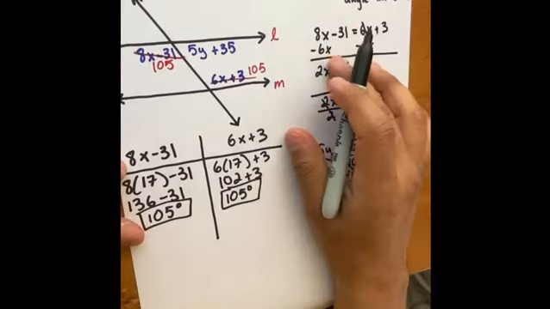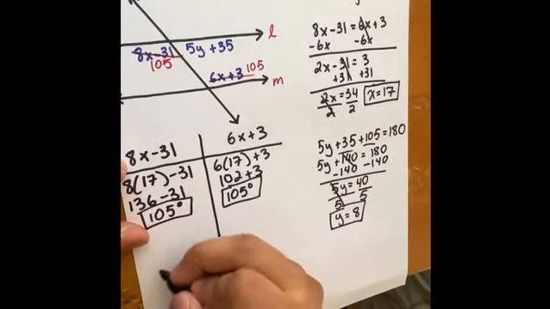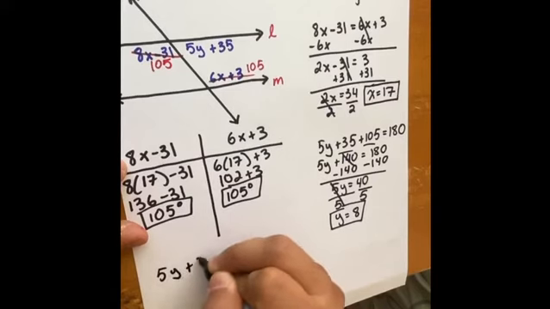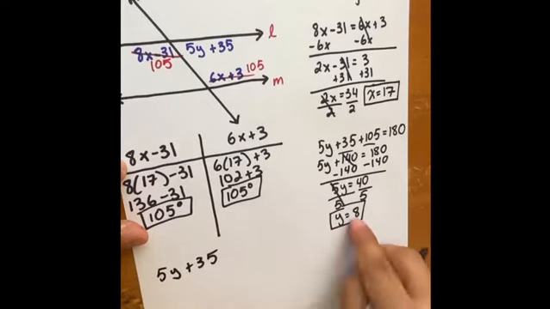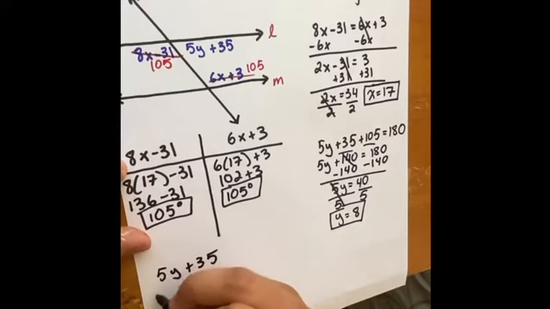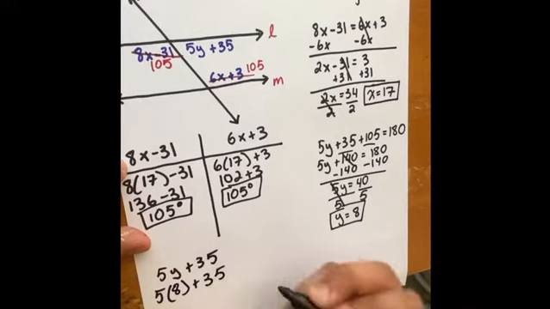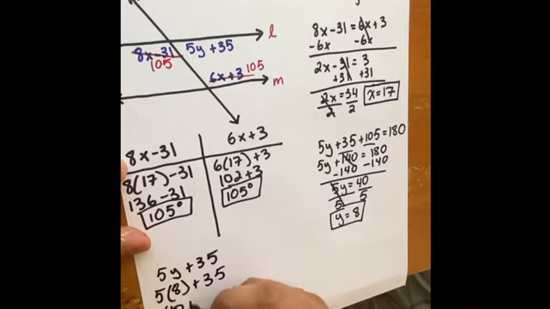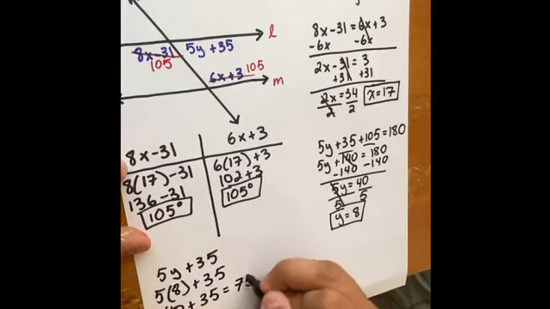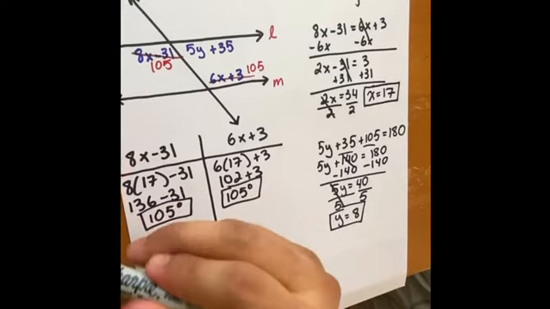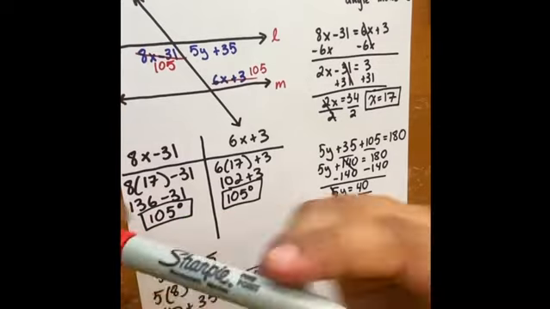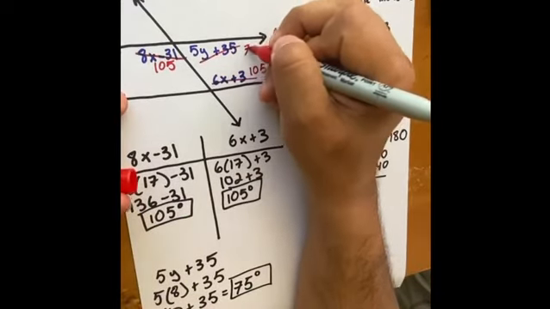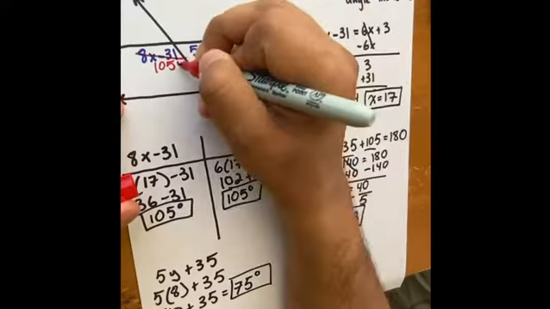Let's double check to make sure that this angle measure is 75. So I'm going to take 5y plus 35, and I'm going to substitute y equals 8 into y. 5 times 8 plus 35. 5 times 8 is 40. And 40 plus 35 equals, look at that, I was right, 75 degrees. So this angle is 75 degrees.